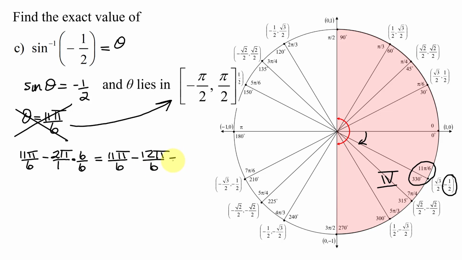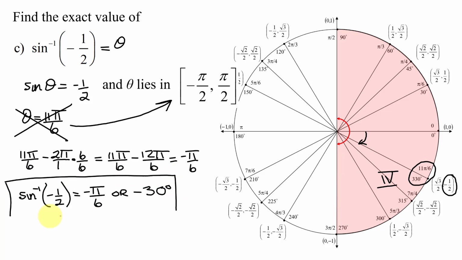So what's my answer? 11 minus 12 is -1, or just -pi/6. So the inverse sine of -1/2 equals -pi/6. Or if you're working in degrees, that'd be -30 degrees.